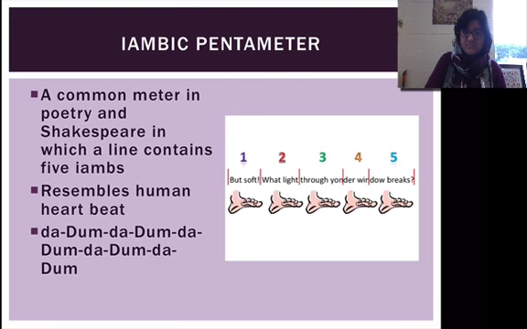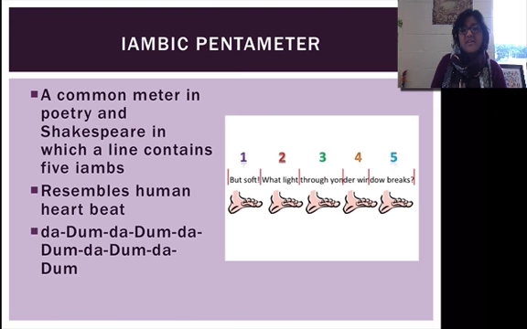So iambic pentameter is a common meter in poetry that Shakespeare uses, which is a line that contains 5 iambs. Penta, the root, means 5. Iambic pentameter is a beat that resembles the human heartbeat that goes da-dum, da-dum, da-dum, da-dum, da-dum.